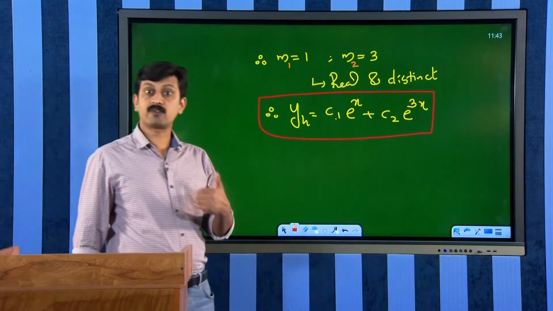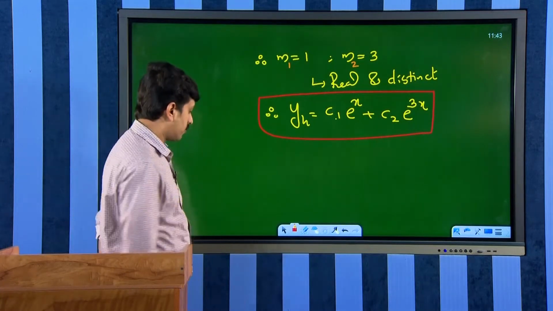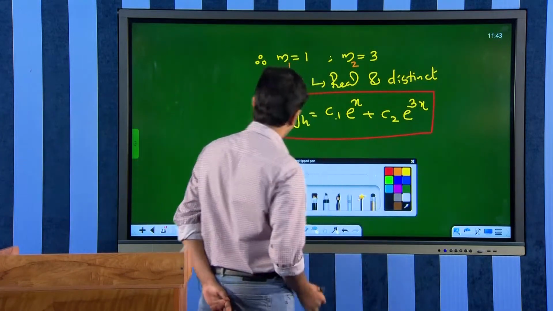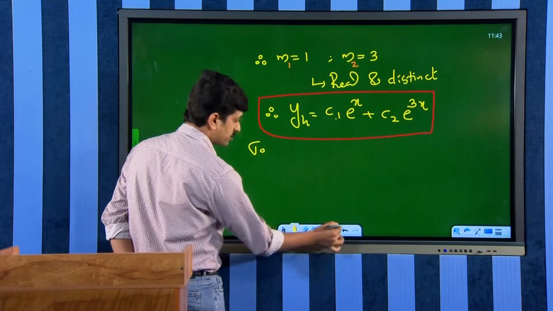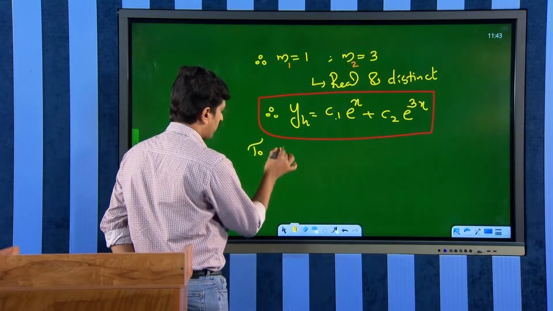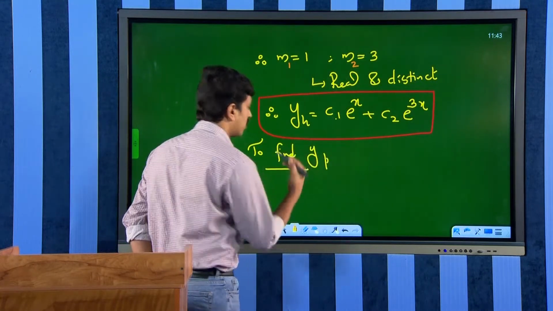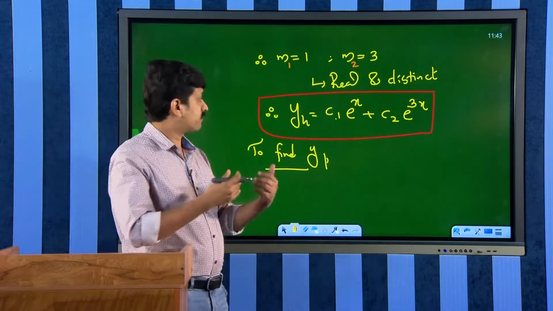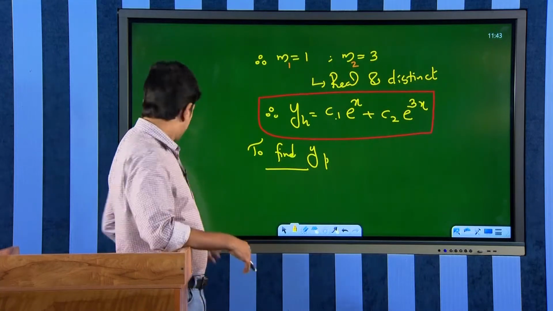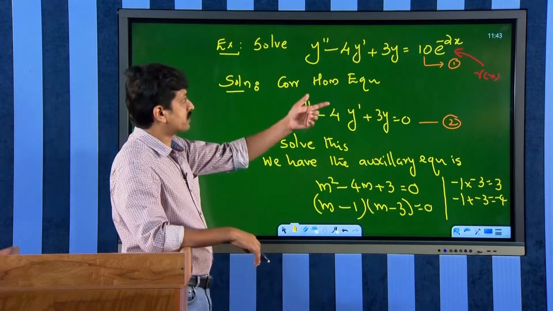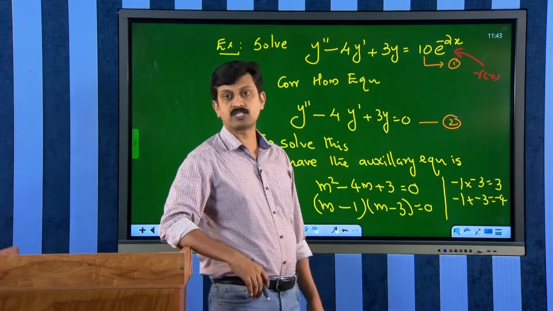Now we have to find yp. To find yp, we have to go back to our equation. See, go back to the value of r of x. r of x is actually 10 e raised to minus 2x.